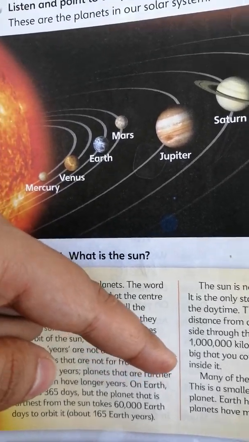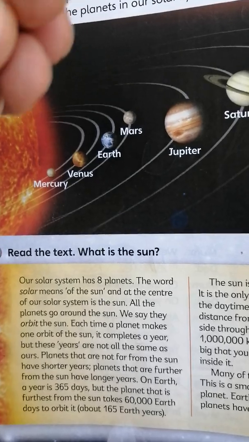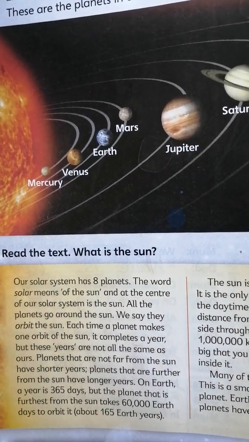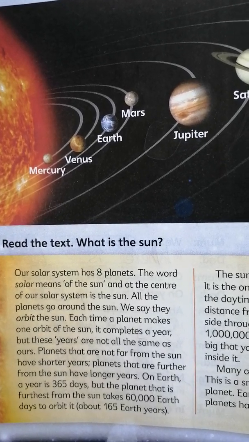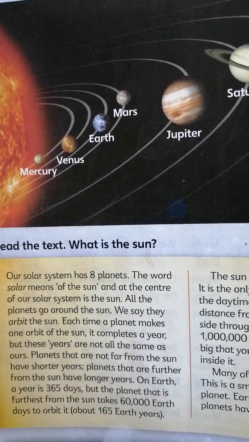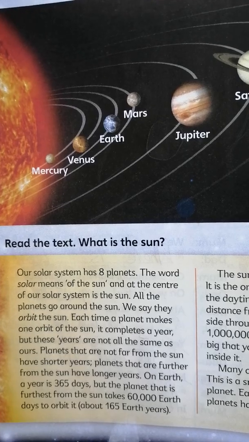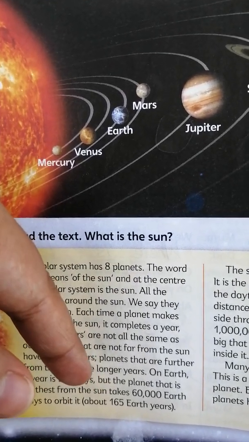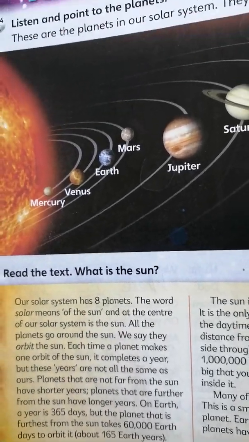But the planet that is furthest from the sun takes 60,000 Earth days. Oh, 60,365 days? Yes. That means what, teacher? It means to orbit the sun, it can take 165 Earth years.